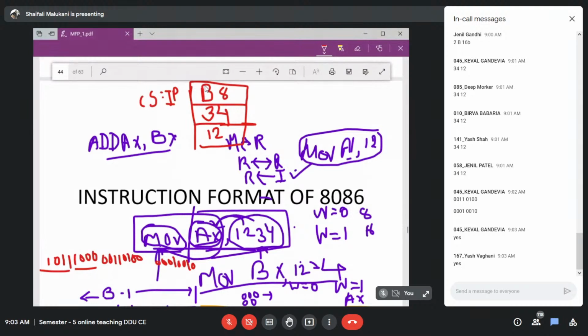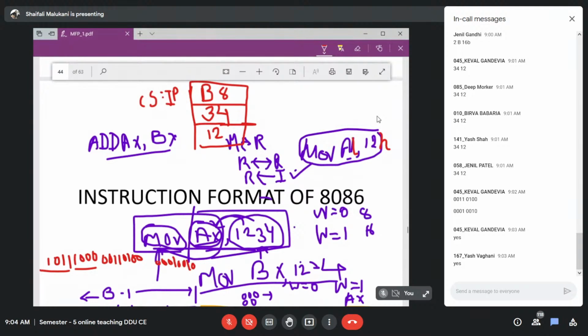Okay, now quickly tell me, for MOV AL, 12H, give me the code for this. How is it different?